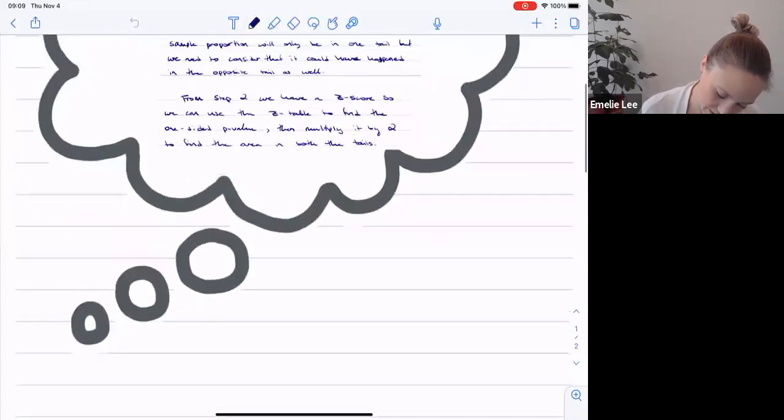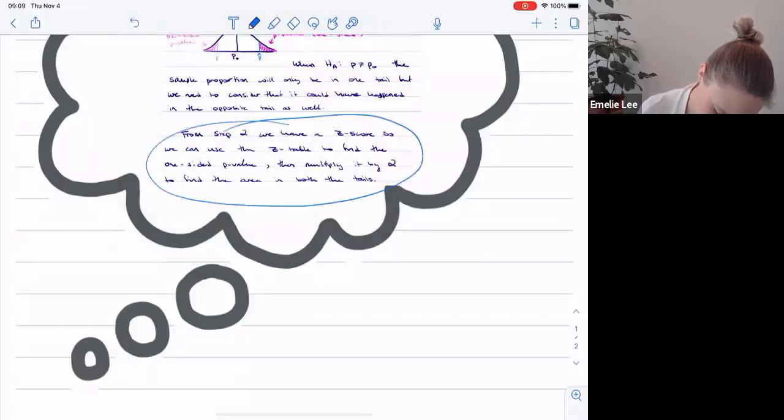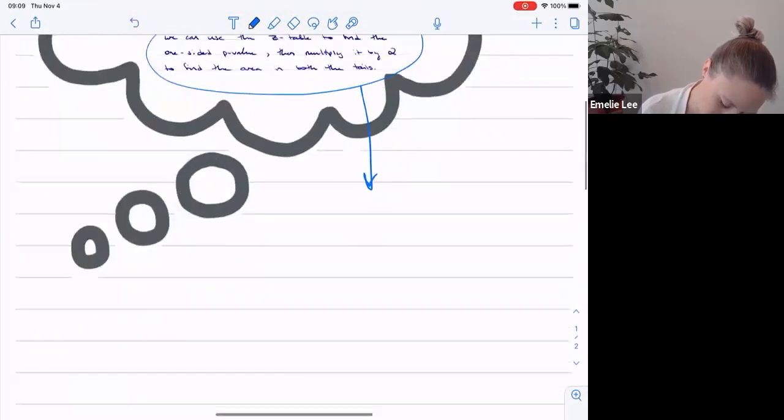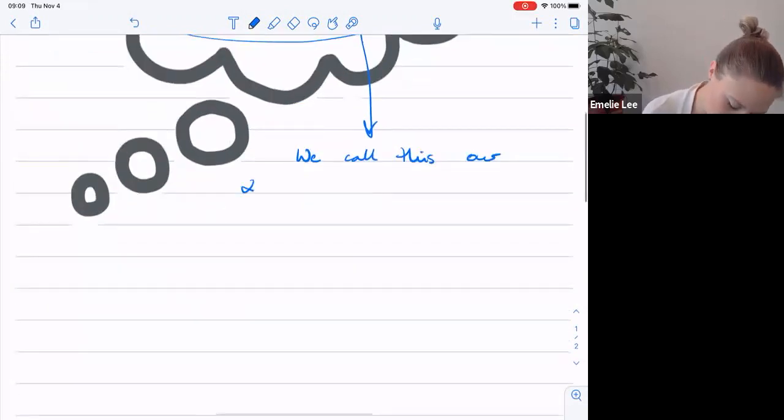We call this our two-sided p-value. Two-sided or two-tailed.